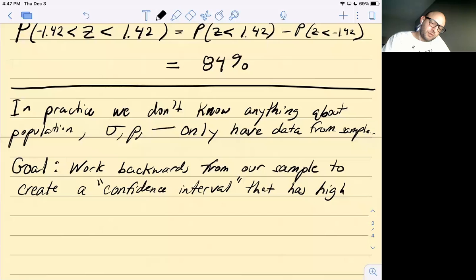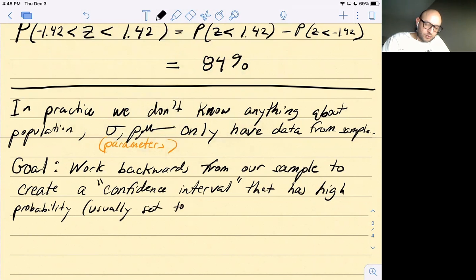And also I'm going to put mu in here. Keep in mind these are parameters that in practice you don't have. We're just trying to estimate it. There is a high probability, usually set to 95%, of containing the true parameter.